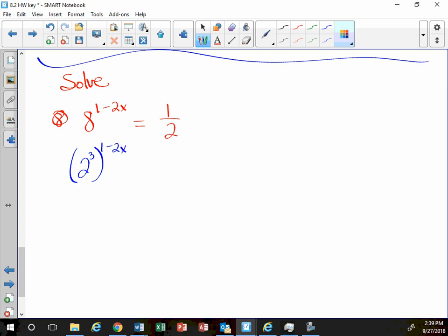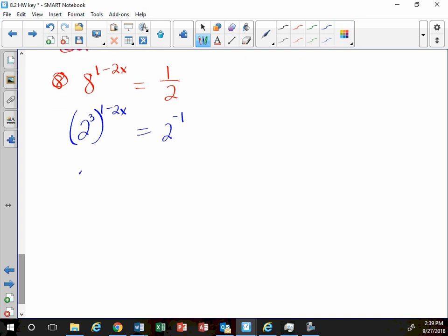Because I just rewrote 8 as 2 to the third. Now over here, 2 to what power gives a half? 2 to the negative 1. Yes. So we need to simplify a little more on the left. So this is really 2 to the 3 minus 6x. And this side is still 2 to the negative 1.